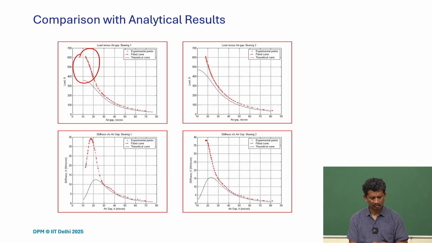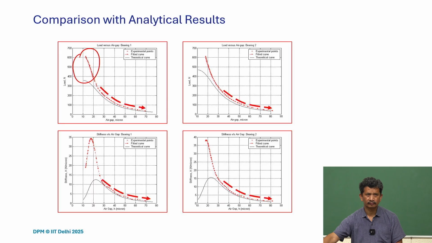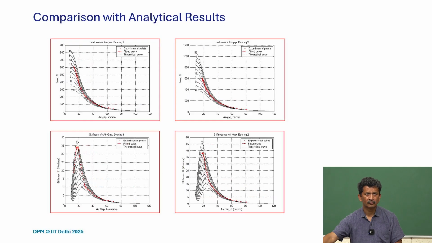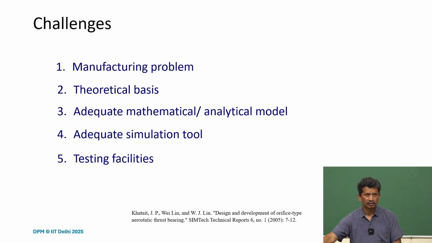And of course, we can always do some back calculation and develop an analytical model for different kinds of bearings, and always check the experimental results with respect to that. So we compare the different parameters, again superimposed.